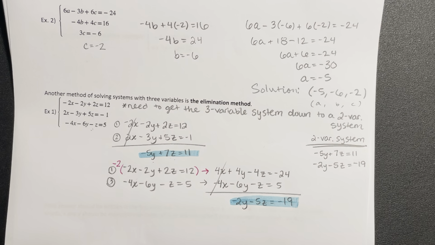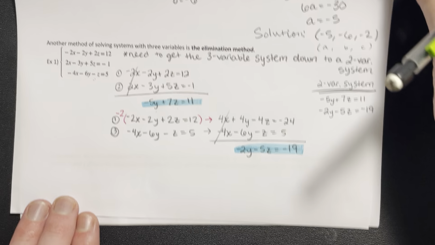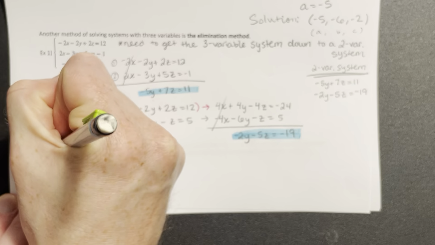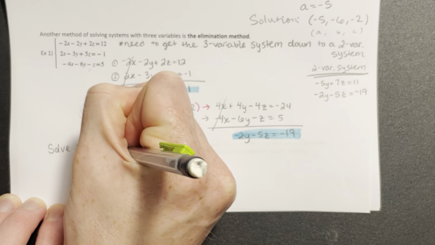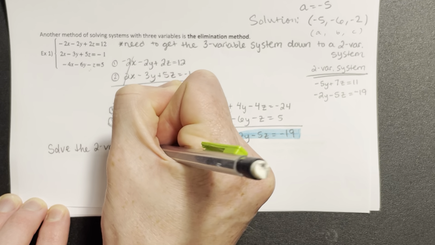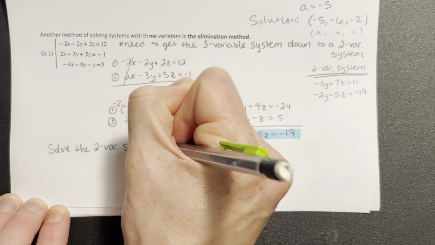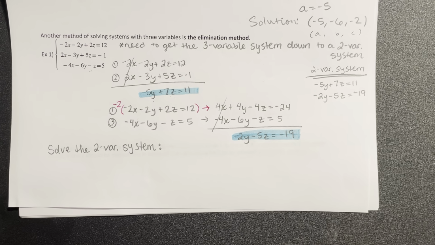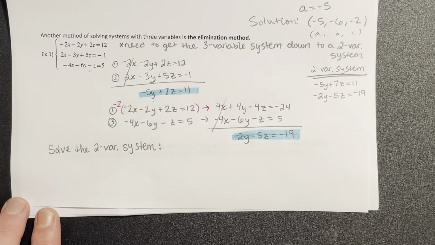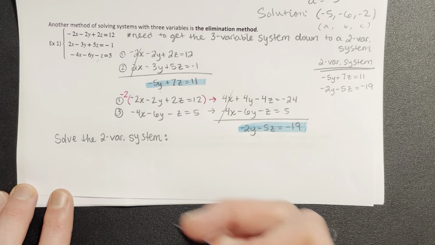All right, so now we want to solve our two variable system. You can use the same methods that you did in the previous two variable system lesson. So we could solve with substitution or elimination.